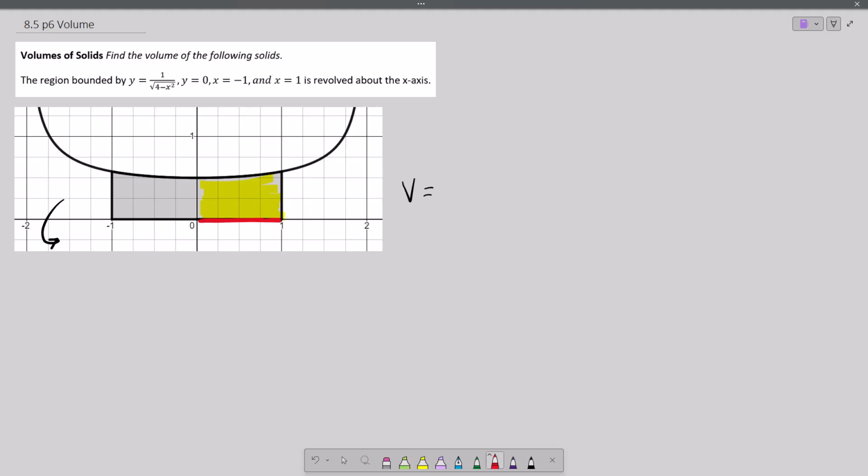If there's a gap between the region and the axis you're rotating around, then you're going to have a washer. Exactly. All right, so we're going to draw our vertical integration element. We say that it's at a random x. When that rotates around, it's going to create this disk. And we know that the area of a disk is pi r squared. That's the area of a disk.